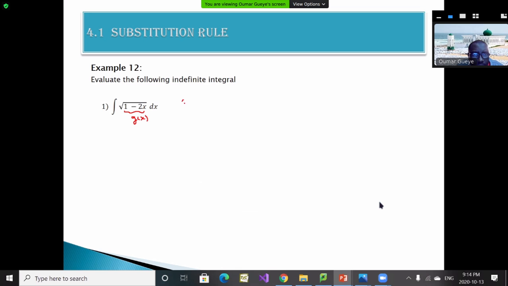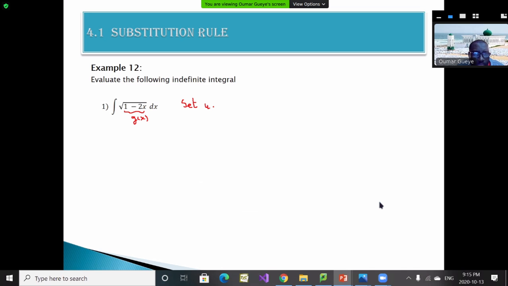So you set u equal to g of x. When you use the substitution rule, you have to show all your steps. You show what you mean by u and what your du is. You have to write it, otherwise you will not get full marks.